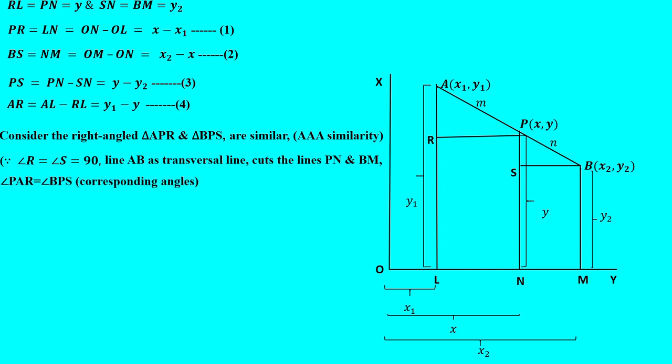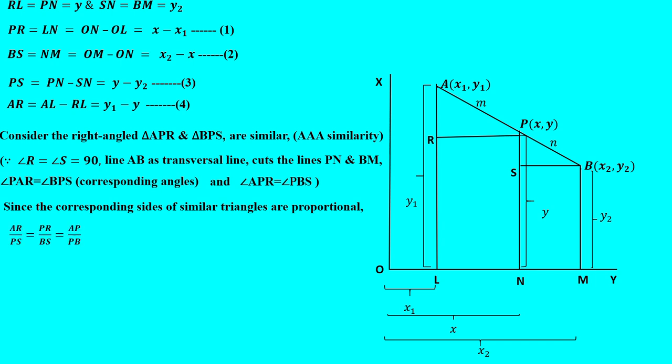So angle PAR is equal to angle BPS, corresponding angles, and angle APR is equal to angle PBS, the third angle, right? Since the corresponding sides of similar triangles are proportional, we are using that idea. So AR in the first triangle divided by PS in the second triangle is equal to PR by BS, that is equal to AP in the first triangle and BP in the second triangle.